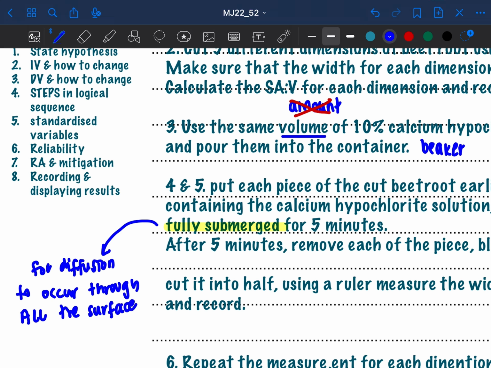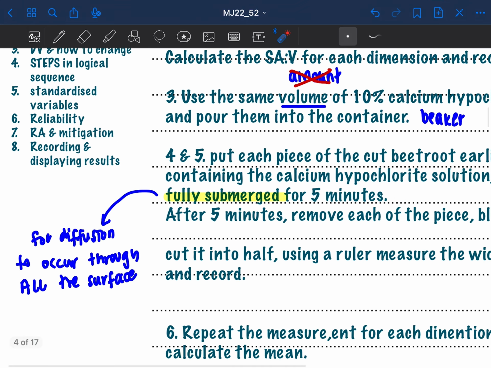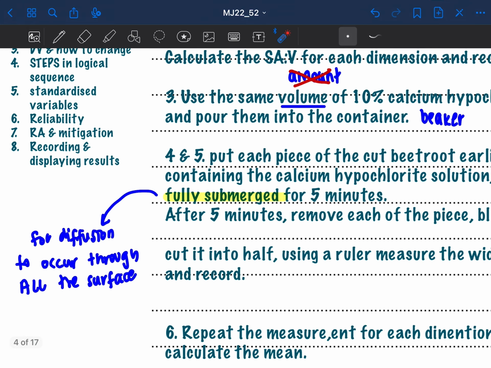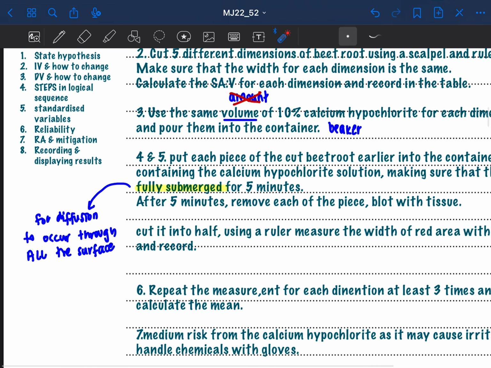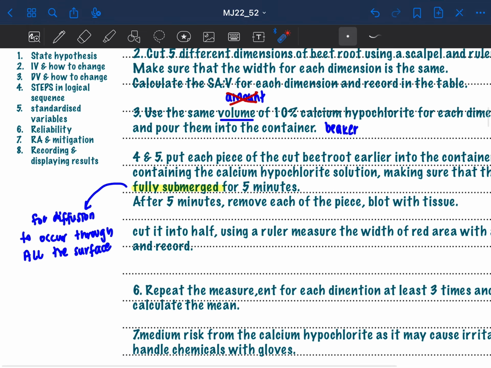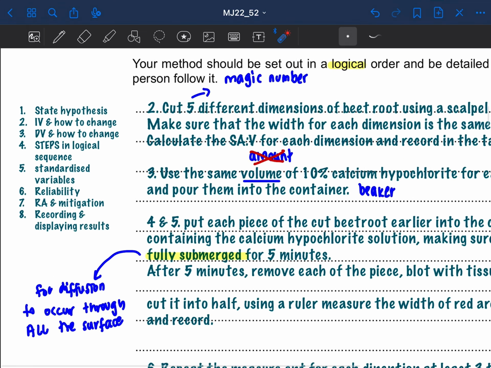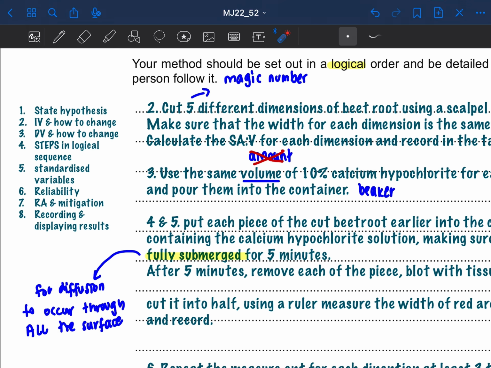This is very, very important. This is why we have to make sure that they are fully submerged. Second, you make sure that the beetroot are not at the sides. They don't touch the sides or the edge of the container, because we want all of the surfaces to be fully submerged.